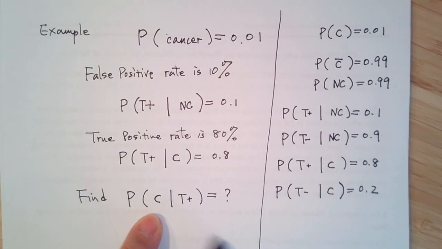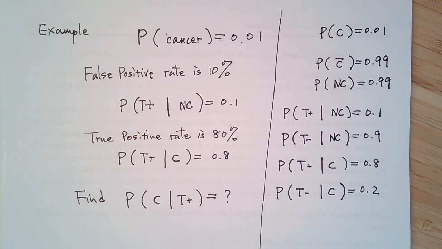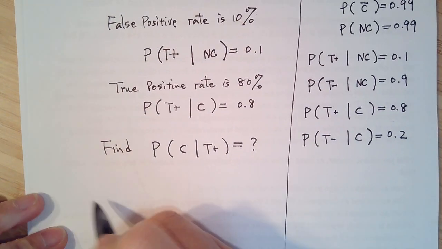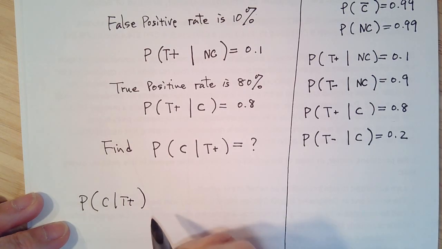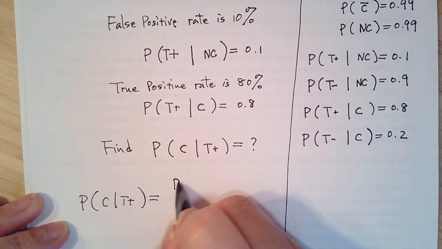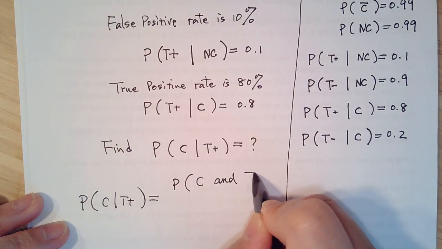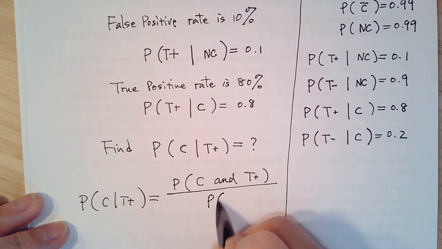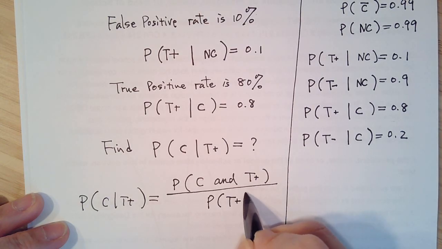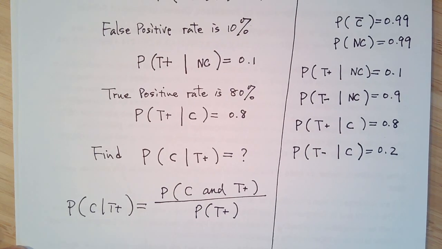By Bayes' theorem, the probability of C given test positive would be the probability of C and test positive over the probability of test positive, isn't it? But we don't know this.